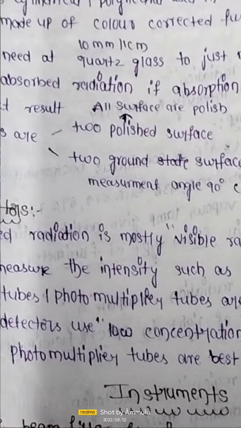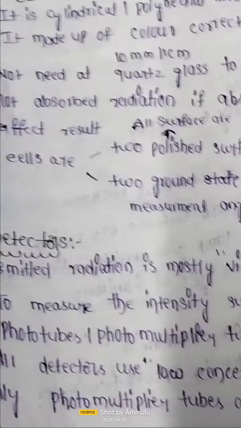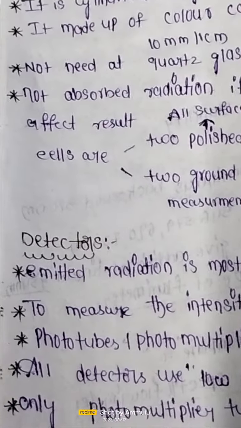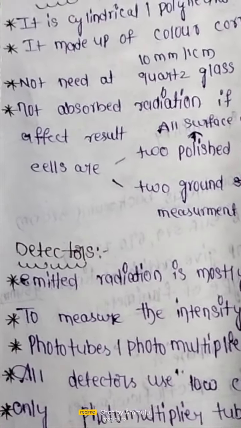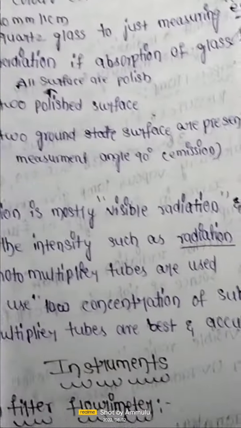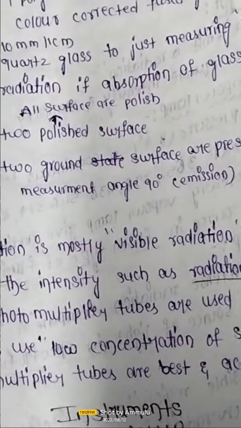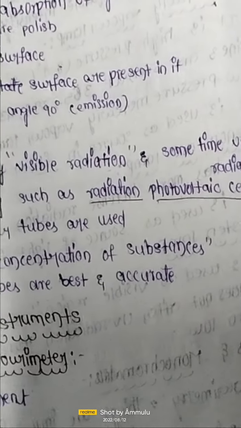And when we come to the detectors, here the visible radiation and violet cell, phototubes, photomultiplier tubes, photodetector will be mainly used in fluorimetry. The single beam filter fluorimeter is an expensive instrument.